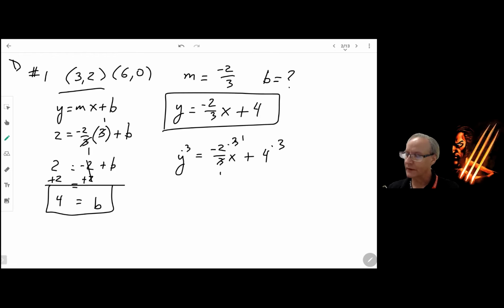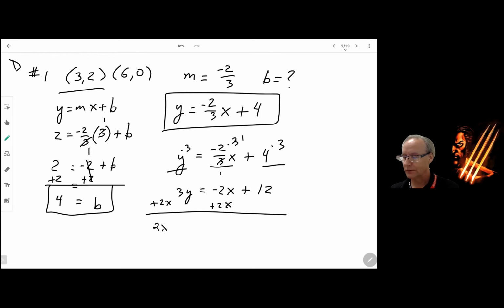The 3 simplifies out, and we get 3y equals negative 2x plus 12. I'm going to add 2x to both sides, and you get 2x plus 3y is equal to 12. This is what we call standard form.